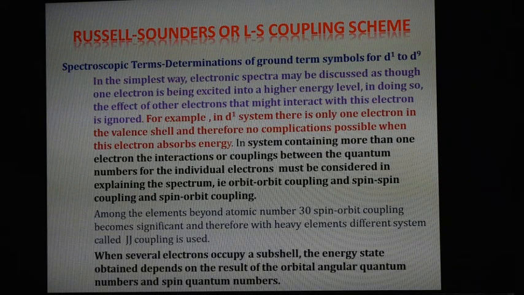It is also known that for elements after atomic number 30, spin-orbit coupling becomes more significant, and therefore for heavy elements the system known as jj coupling is used. When several electrons are present in the subshell, the energy state obtained depends on the result of the orbital angular momentum quantum number L vector and the spin quantum number S vector of each electron.